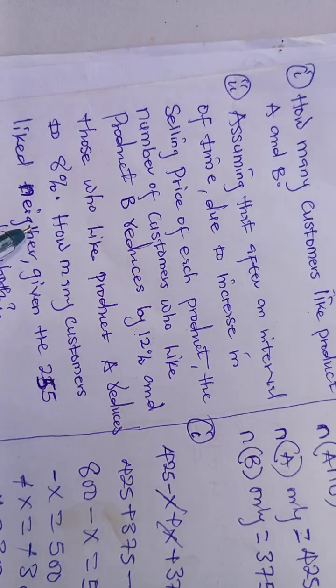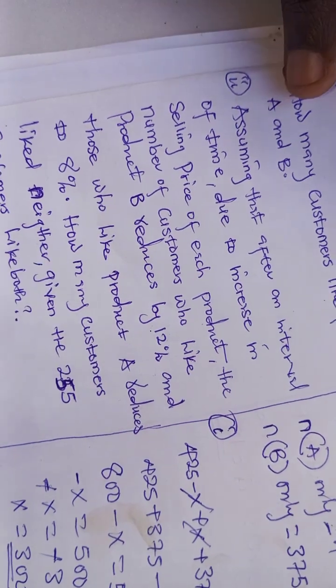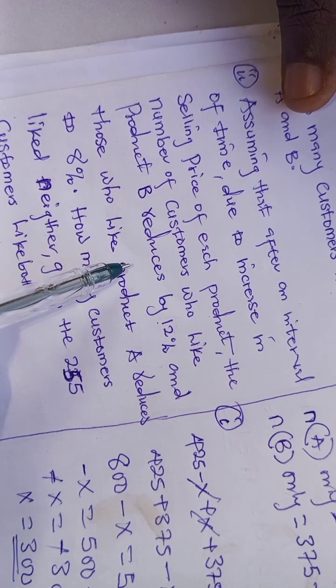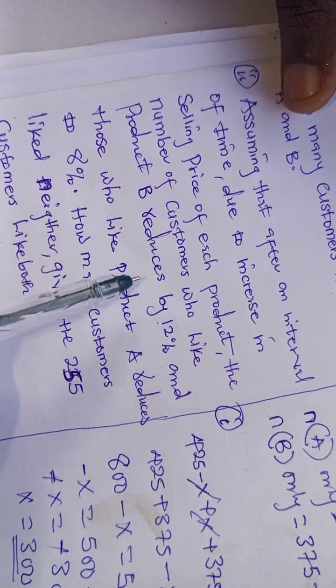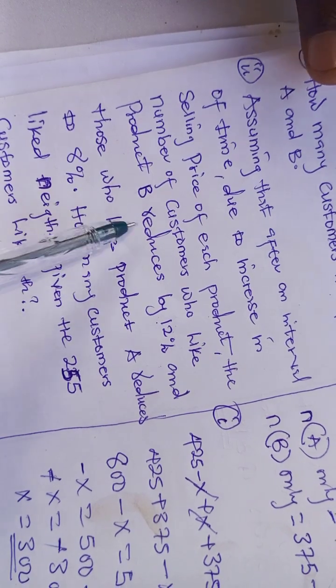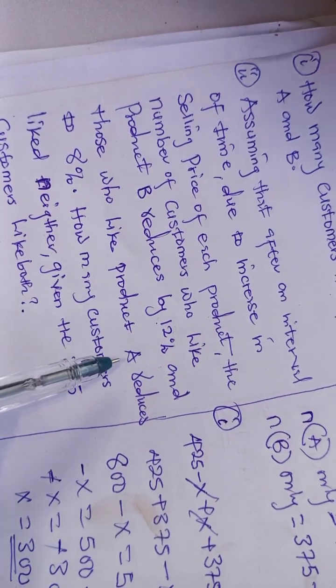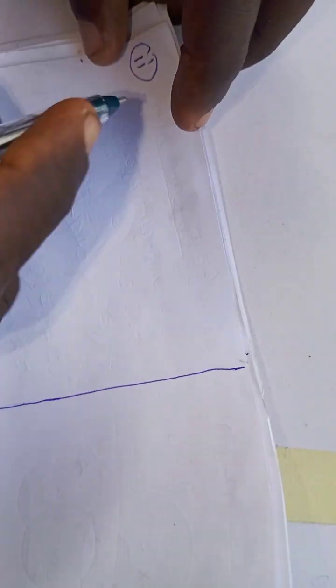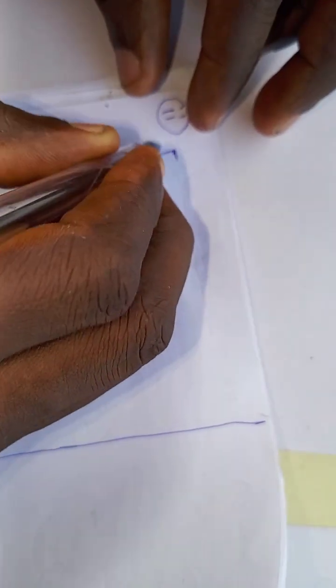So before we proceed, we are going to firstly look for the remaining number of persons that liked product B and the remaining number of customers that like product A after the reductions. We are going to start with dealing with product A.